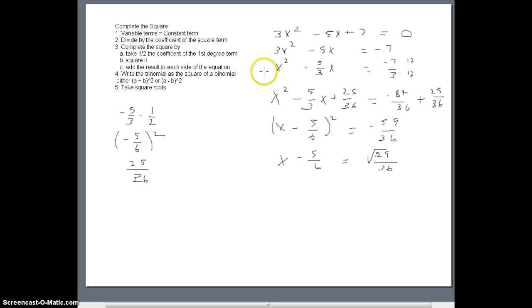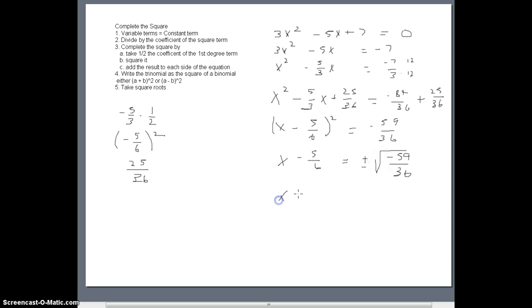That's a negative 59/36. So we need to remember to simplify every radical.